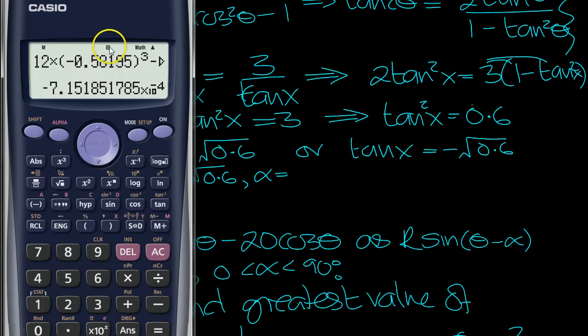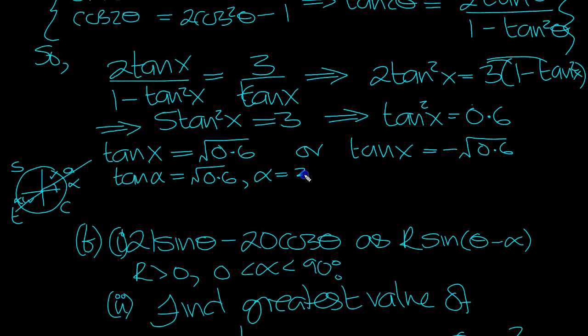We're in degrees mode, so it's shift tan of the square root of 0.6, 37.76. So theta then will equal, it's 0 to 180, it's just the 37.76 degrees. So that was the first one.